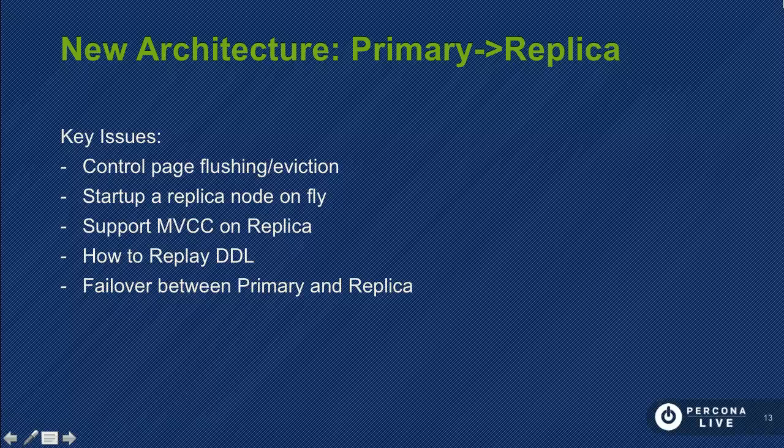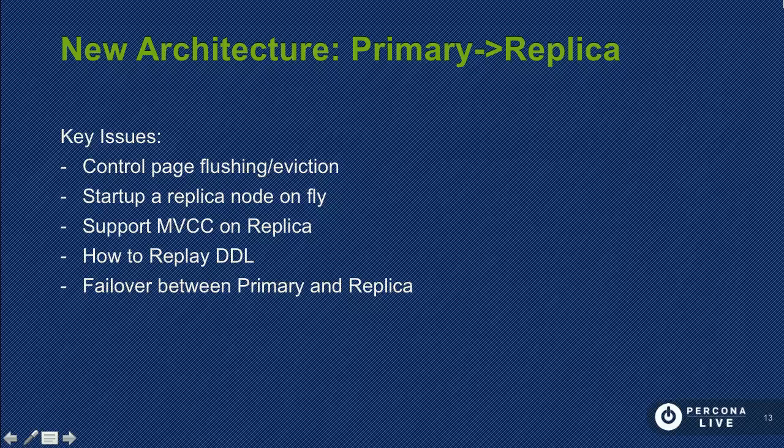And besides that, we need to replay DDL on replica, which means while the B-tree structure is being changed on primary, we also need to make sure that the tablespace is not accessed by any replica.